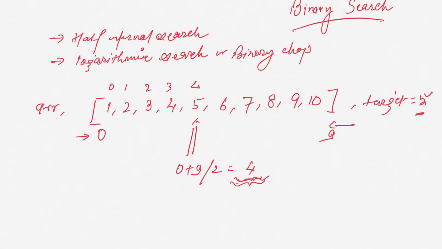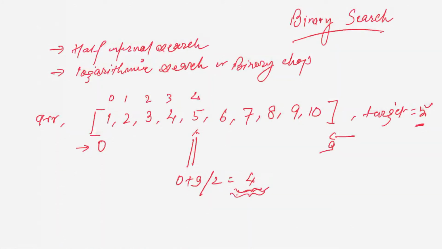Before implementing binary search, let's try to understand some of the terminology related to it. Sometimes binary search is called half interval search, and that is the reason. Suppose you have been given target 2, and you compare 2 with the mid value.